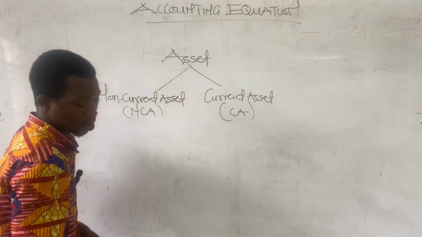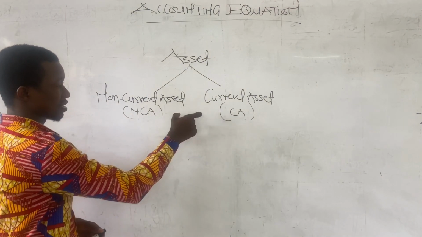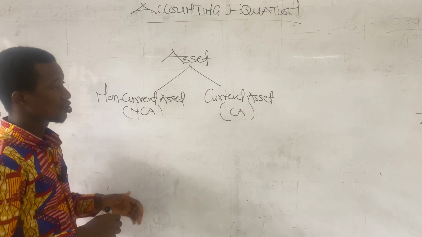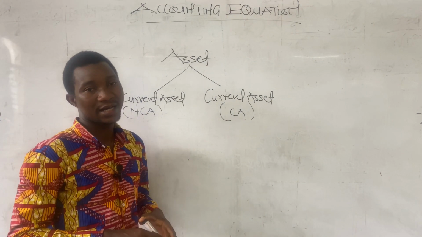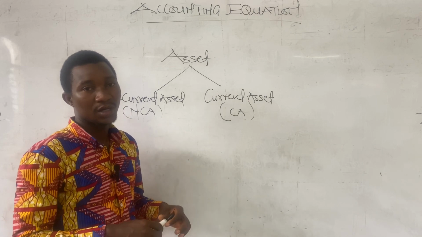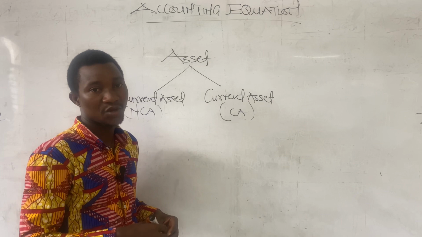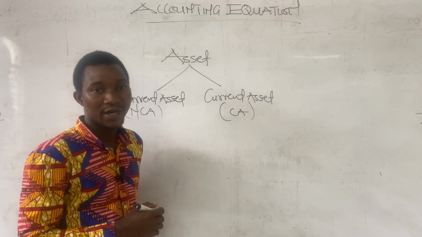So the difference between these two assets has to do with the intention of buying the assets. Let's talk about the current assets as well. A current asset is an asset that is used for the business operation, and can be easily converted into cash or liquidated into cash.